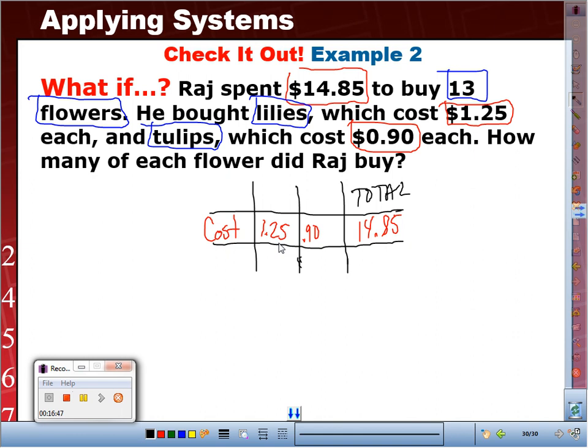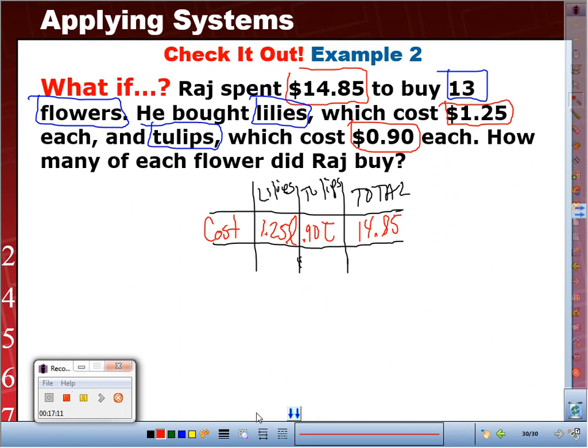And what does the 1.25 correspond to? Let's see. You bought lilies, which cost 1.25, so I'm going to label this one lilies. That means the other one is tulips. What variable do I use for lilies? L. What variable do I use for tulips? T. But look how I'm going to write my T so I don't get mixed up with pluses.